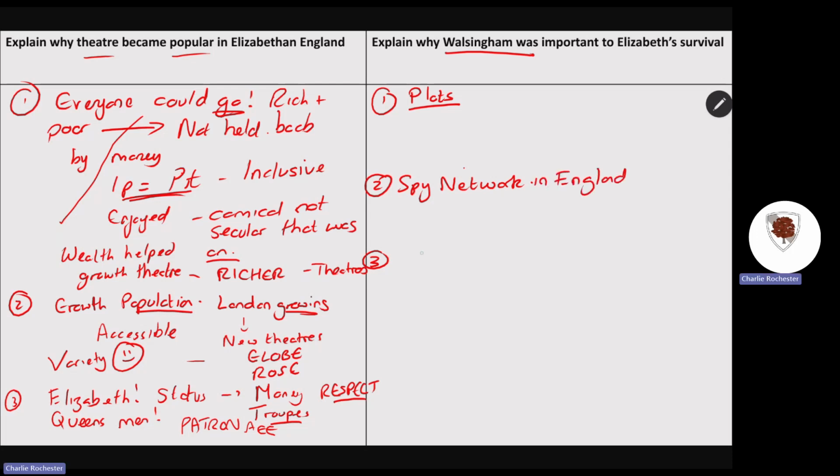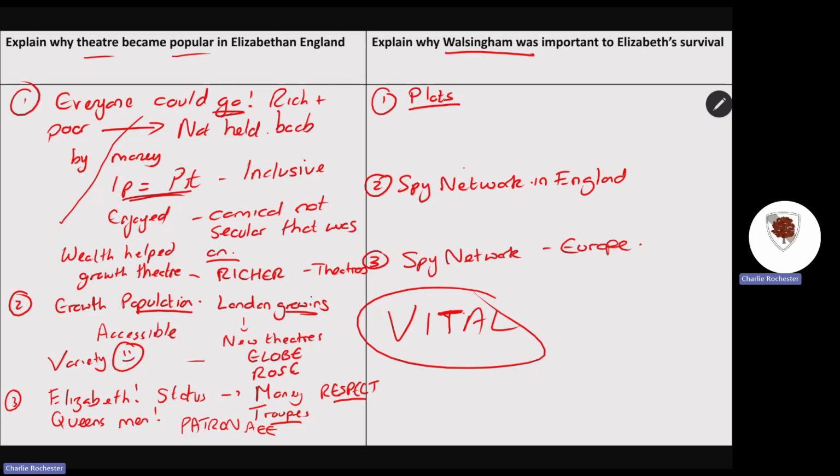And you could also talk about his spy network in Europe as well. He was basically vital, but you need to just have 3 clear reasons. So make sure you go back through and understand about decoding. Make sure that you understand that in Europe, he had double agents. Lots of clear reasons why Walsingham was vital.